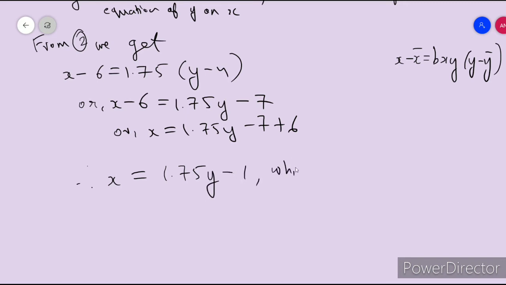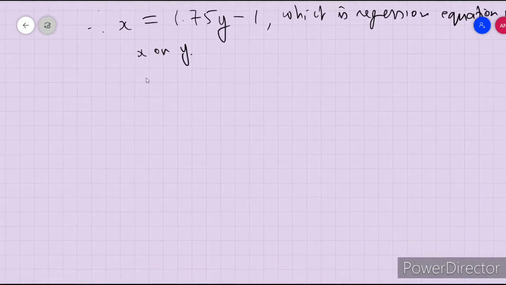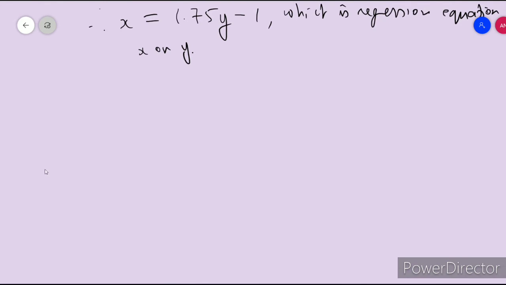So this is the regression equation of x on y. So now we know the regression equation of y on x and the regression equation of x on y. Next we have to find the value of x if y is equal to 8.